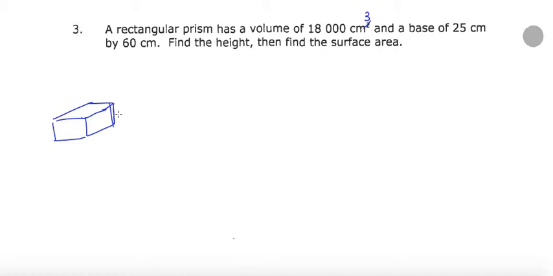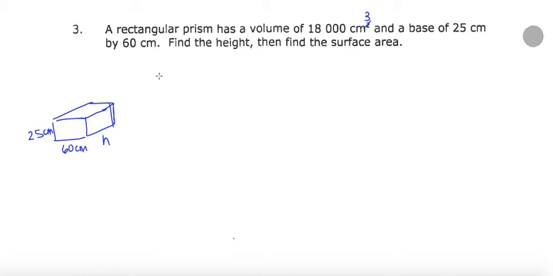Okay. So now what we want to do is label what we know. So we know it has a base of 25 by 60. So we can label, let's do this, the shorter side of my base is 25 centimeters, and the longer side of 60 centimeters. So we're trying to find the height. So I'm going to label this as my H.